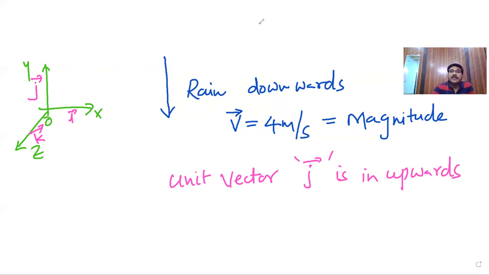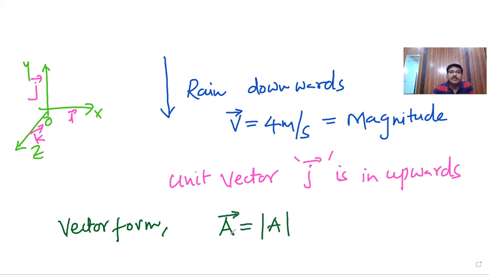Now, in the previous class, we have seen that to represent a vector form, what do we require? Suppose a bar is a vector I want to represent. I require the magnitude of this a bar times the unit vector along that direction.